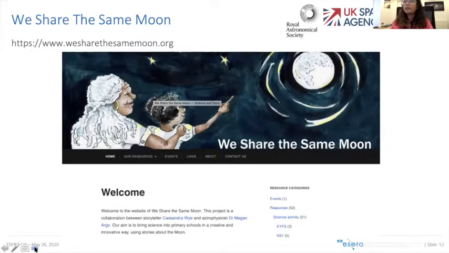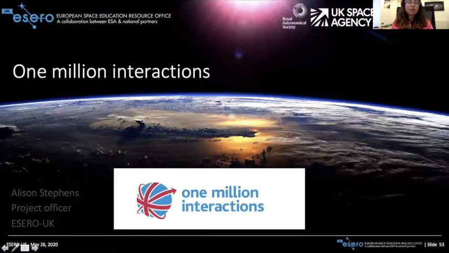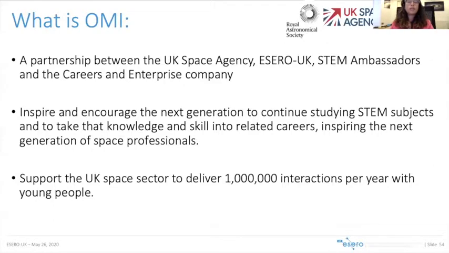Last but not least, I think, is the 1 million interactions scheme being run with ESERO UK and STEM Learning and the UK Space Agency. So 1 million interactions is a partnership between the UK Space Agency, ESERO, STEM and the Careers and Enterprise Company, which aims to inspire and encourage the next generation to continue studying STEM subjects into their careers, so space professionals.